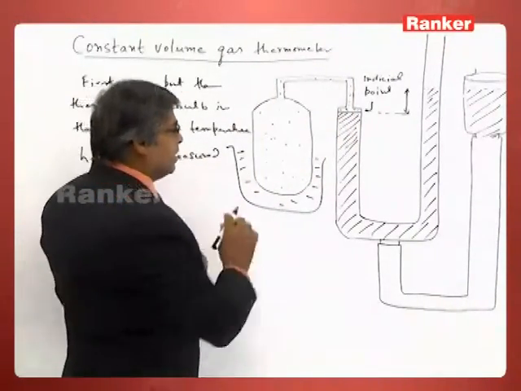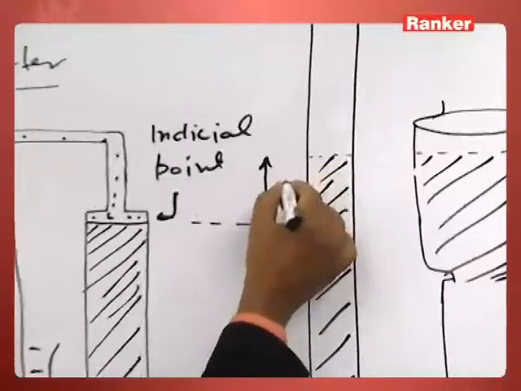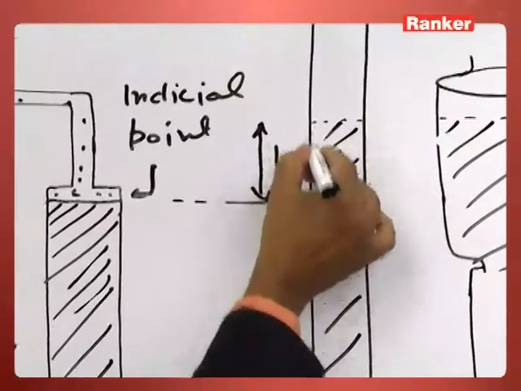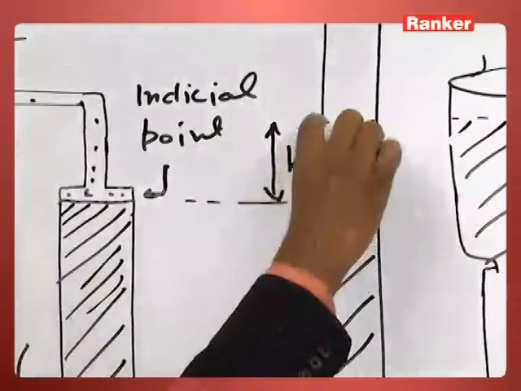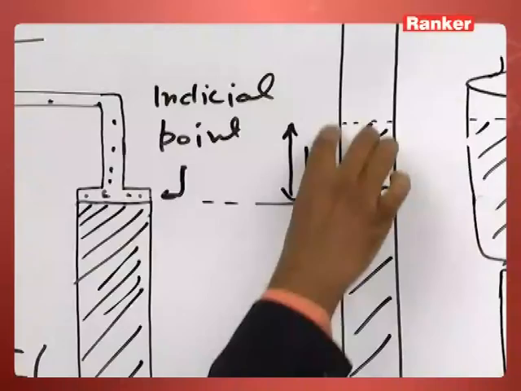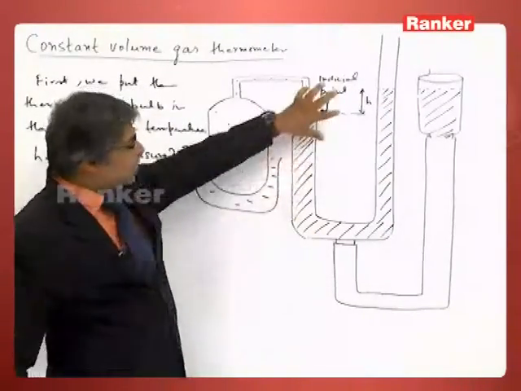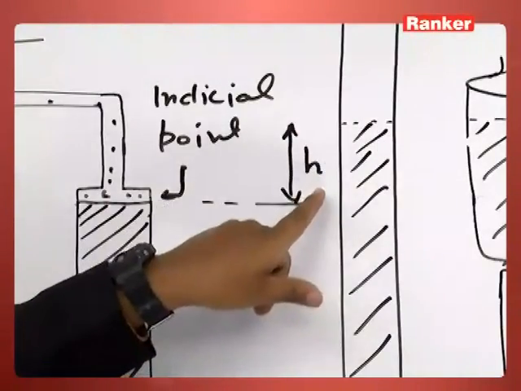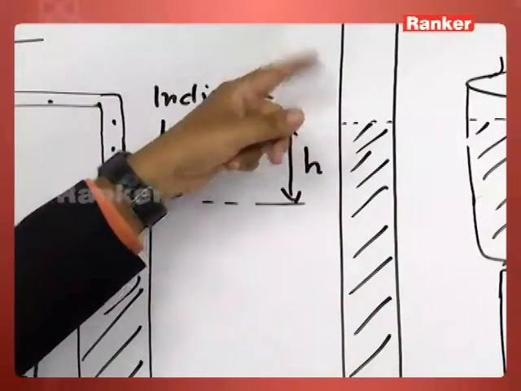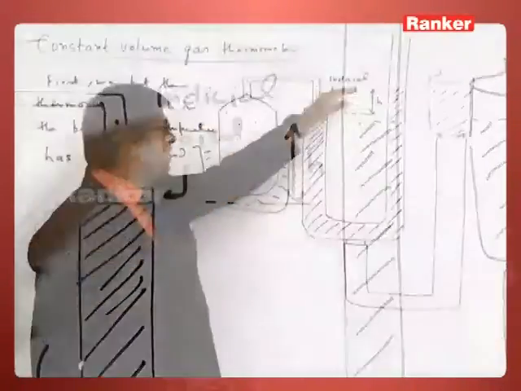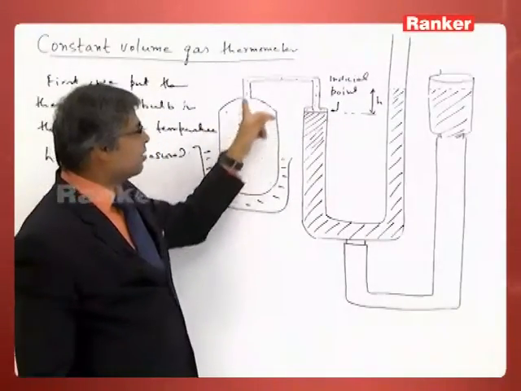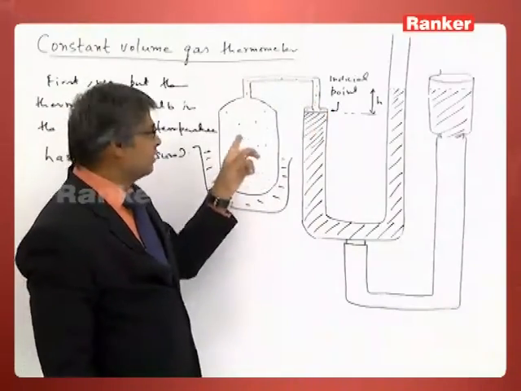So now in order to do so, we observe that this is the height h. That is, this is the difference between this level and this, which we can measure from the scale provided here. Now this height of mercury plus atmospheric pressure, this is open to atmospheric pressure, is the measure of the pressure of the gas in this liquid.